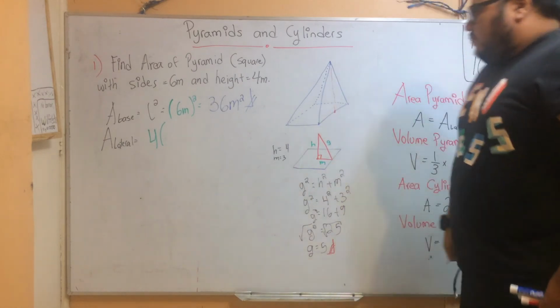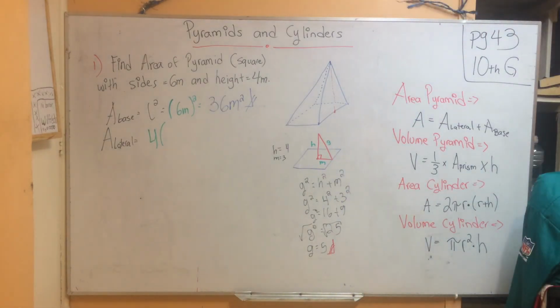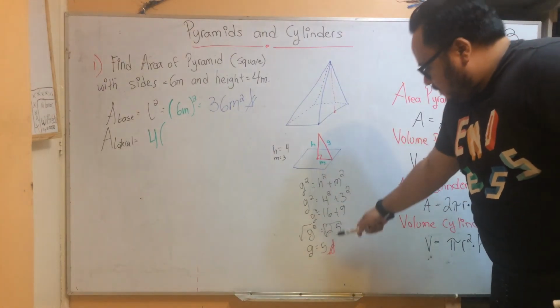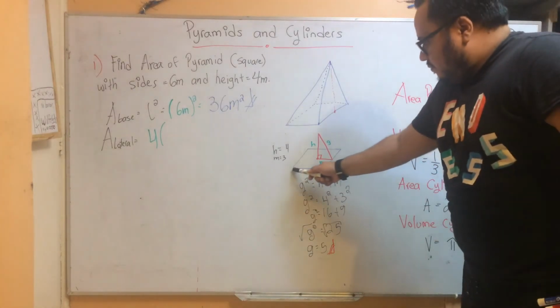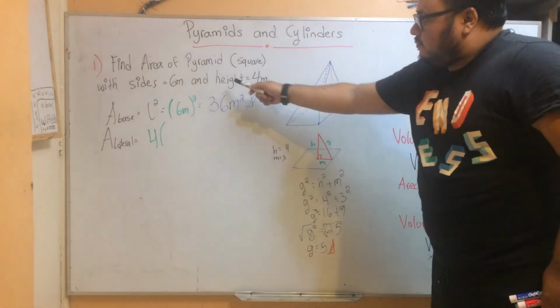G. And base times height, and we have the height, so what would be the base? Sorry, the height would be 5. And we have this, which is 6.